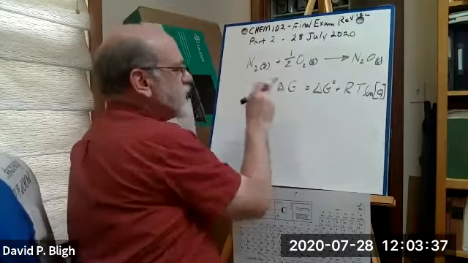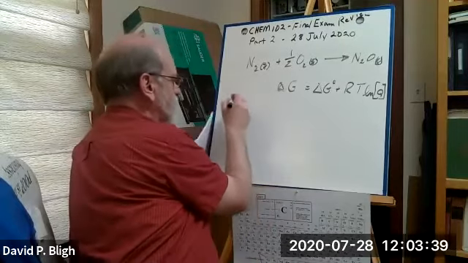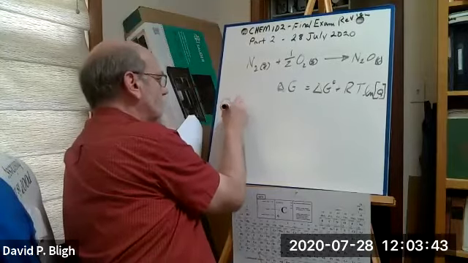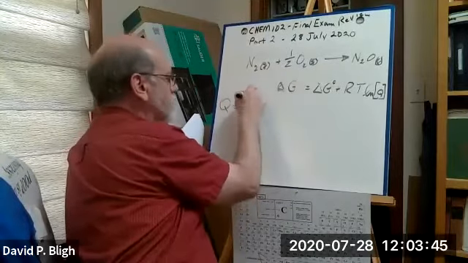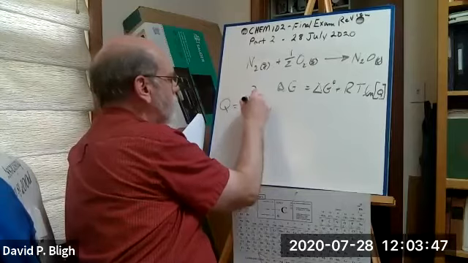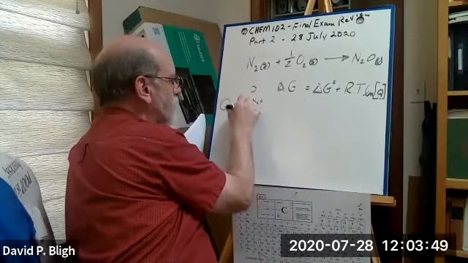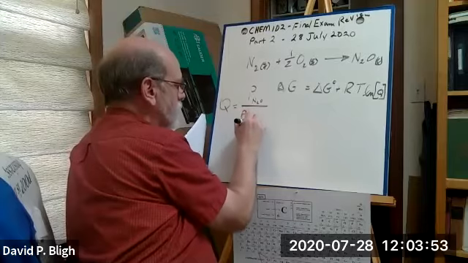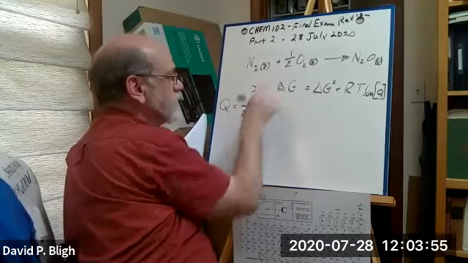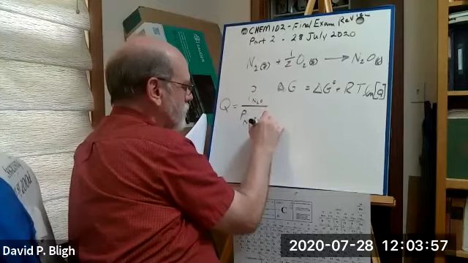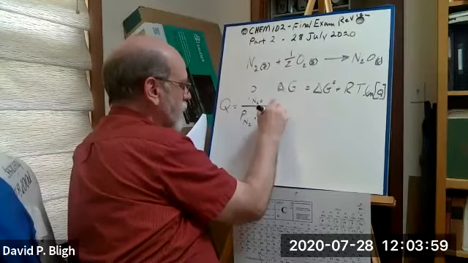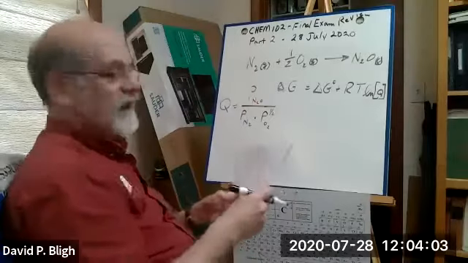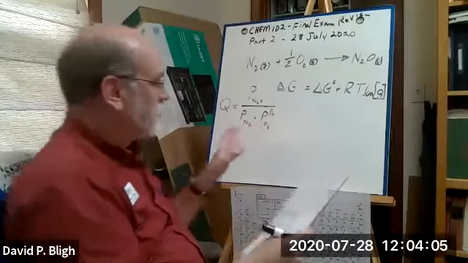What is the equilibrium expression for this one? Well, if we were interested in Q, we would write this. And it would be that one divided by this one times that one to the 1/2 power. There we go. Now we got something to work with.